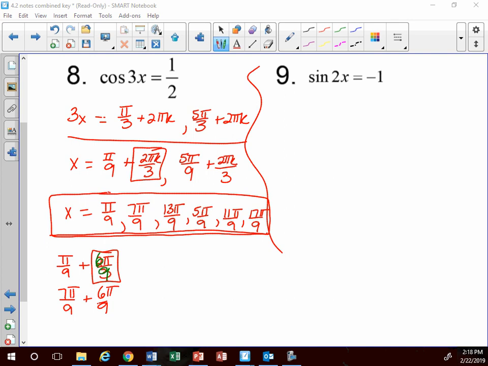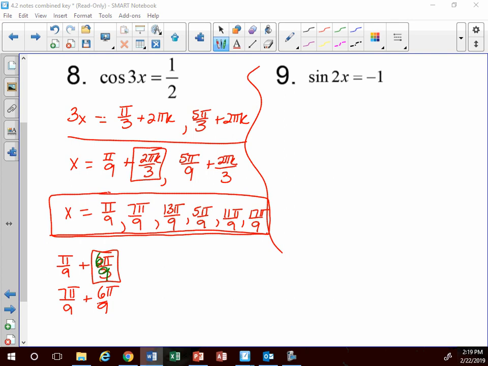Wait, can it be perfect? 3 pi over 4 plus pi over 4 is 4 pi over 1? It's not. No, you're not.